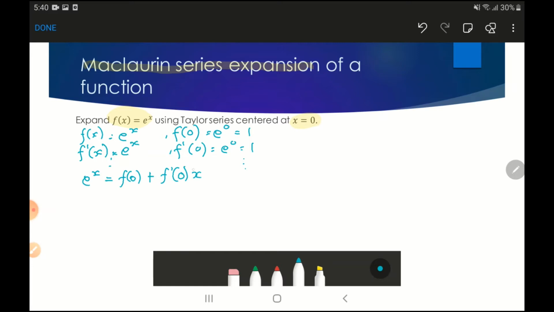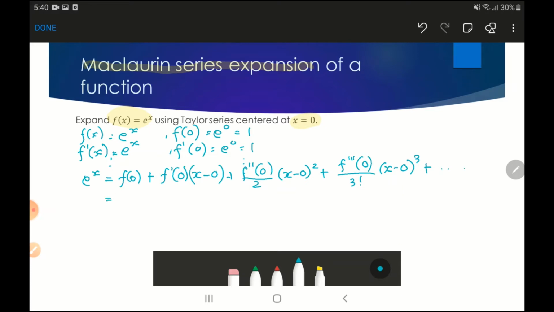So let me rewrite it with 0 here so that you understand it's minus 0, plus f''(0) over 2 times (x minus 0) squared, plus f'''(0) over 3 factorial times (x minus 0) cubed, and so on.